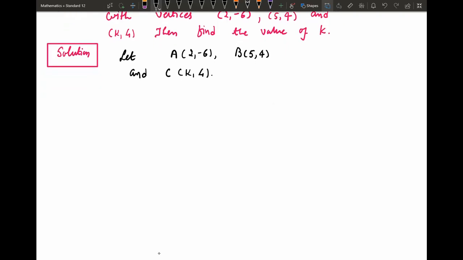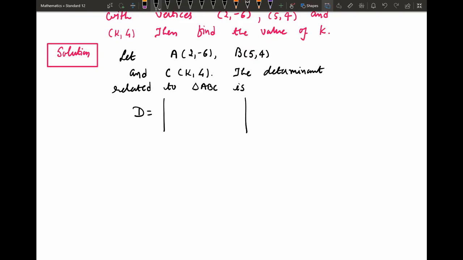The determinant related to triangle ABC is D equal to the determinant x1 y1 1, so 2 minus 6 1.